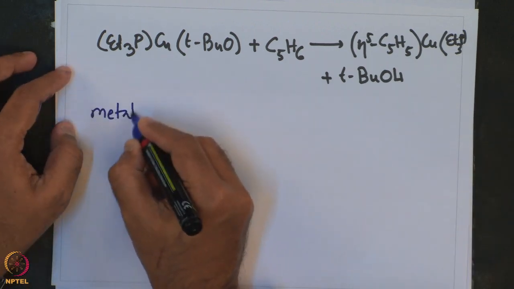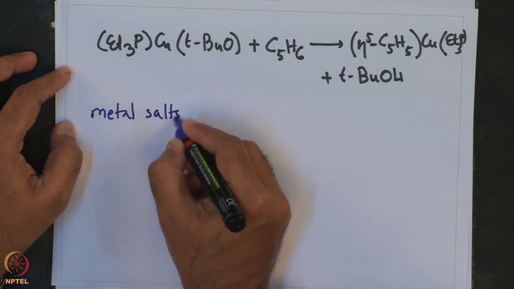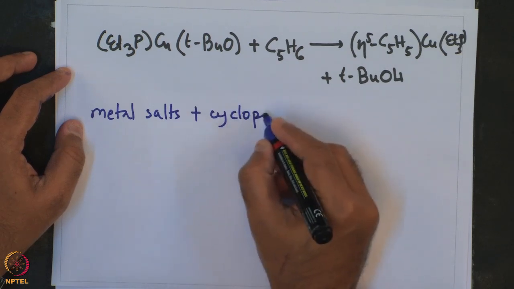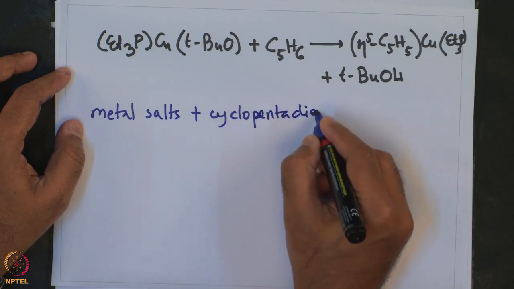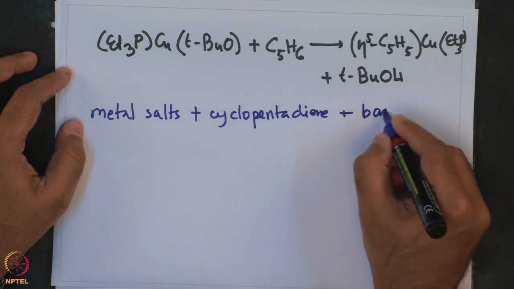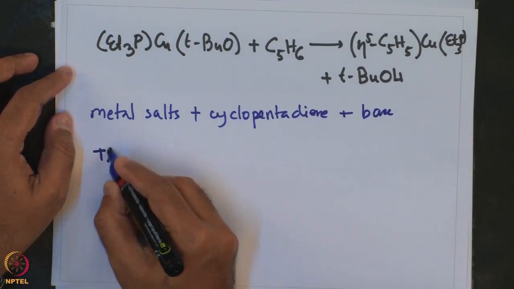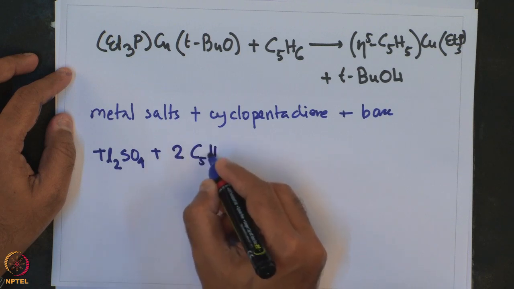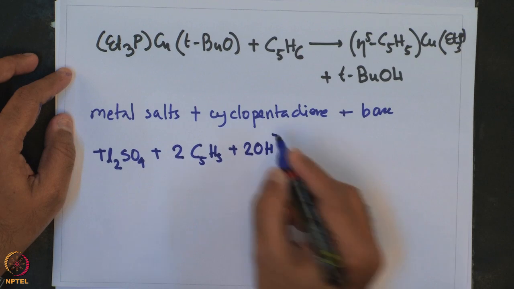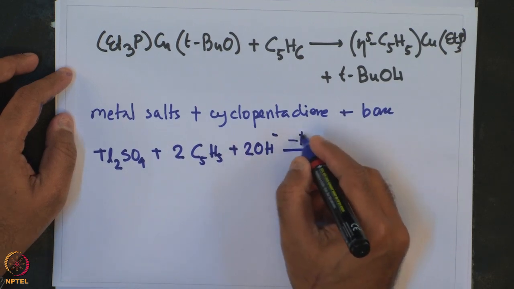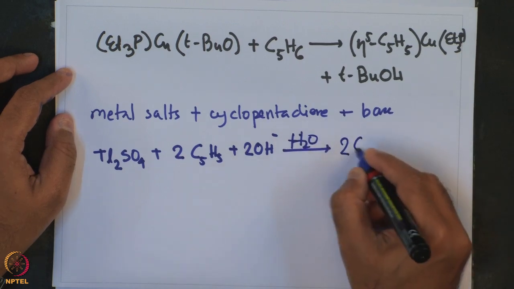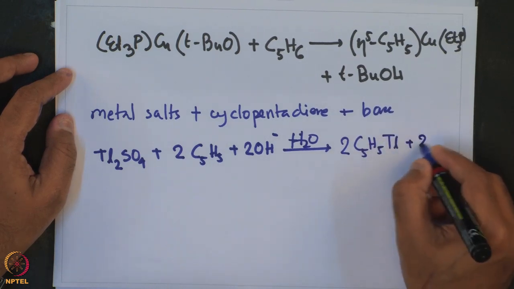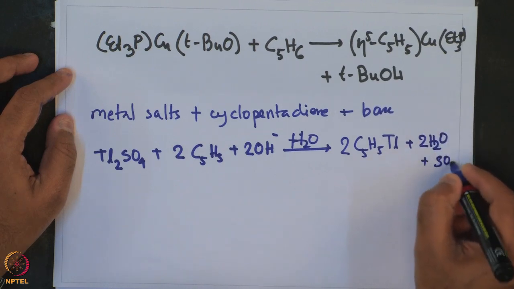For example, there are general reports of using metal salts and cyclopentadiene in the presence of base doing the same thing. For example, thallium sulphate plus 2 C5H6 plus 2 OH minus as an external base, resulting in water, gives C5H5 thallium plus water plus sulphate anion.